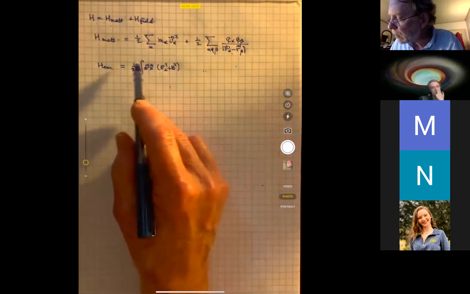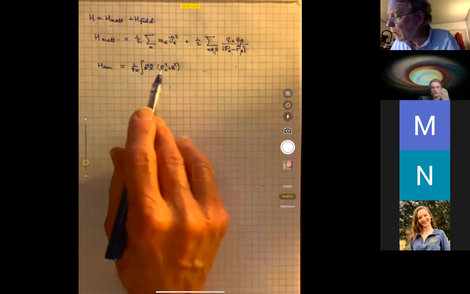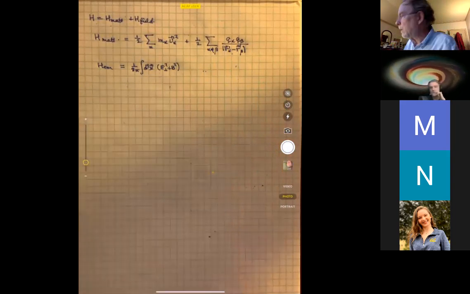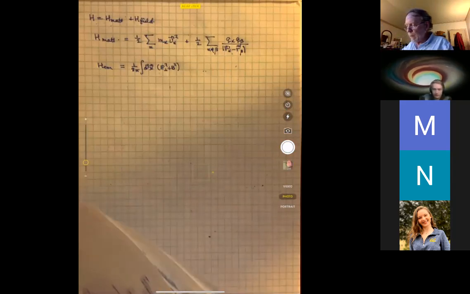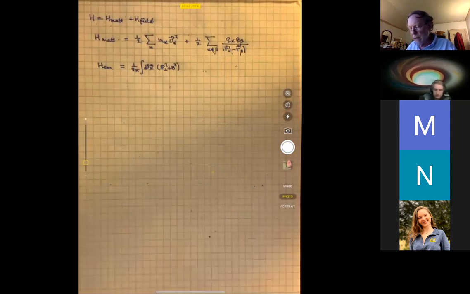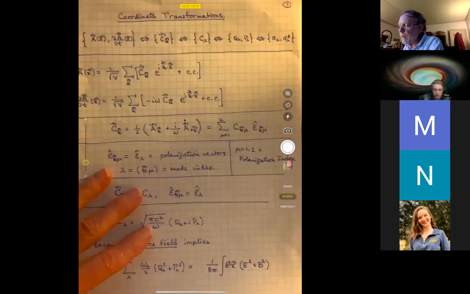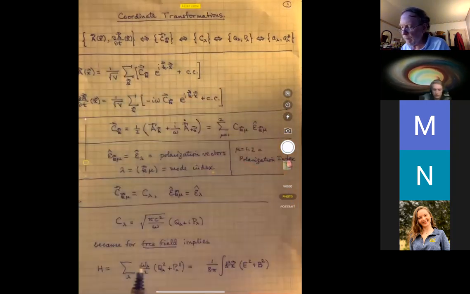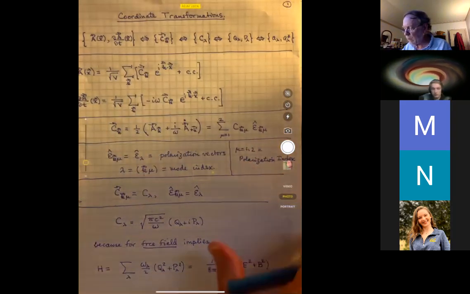Well, we'd like to take this field part of the Hamiltonian and write it in terms of our Q's and our P's. The way to do that is to take the Fourier series for E transverse and B. Let me see if I can find the correct sheets of paper that I need here. As I summarized earlier, the various coordinate transformations that we did were based on the free field, and we're still using those, even for the interacting field.